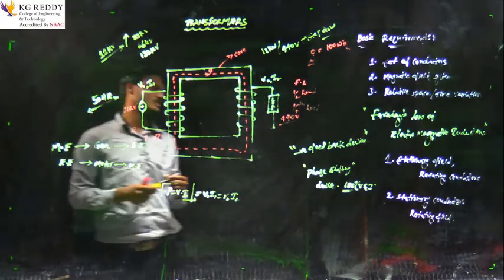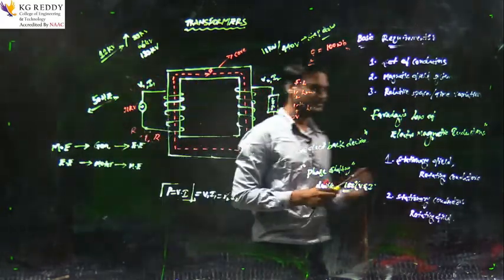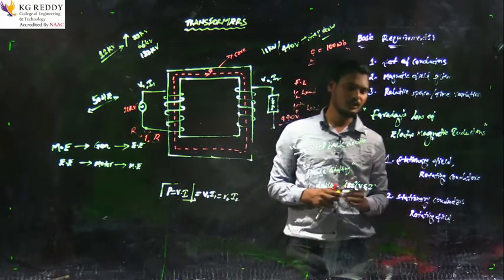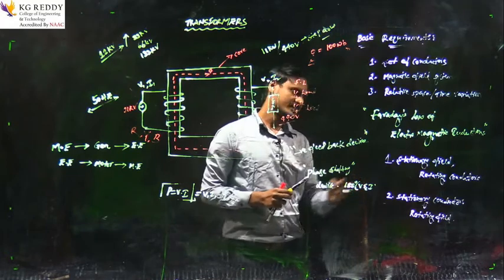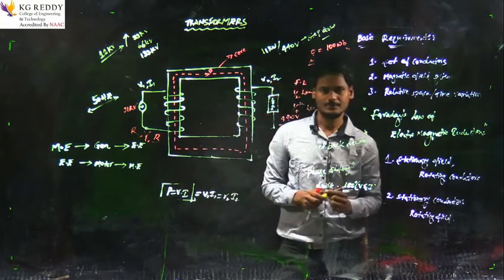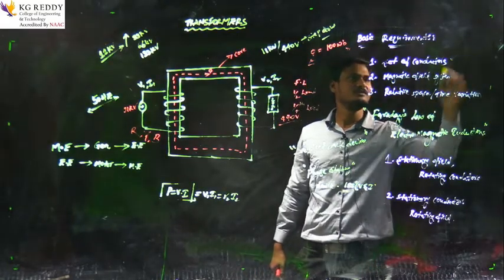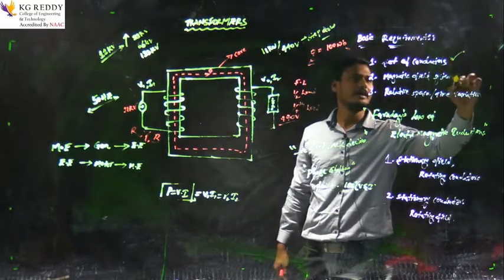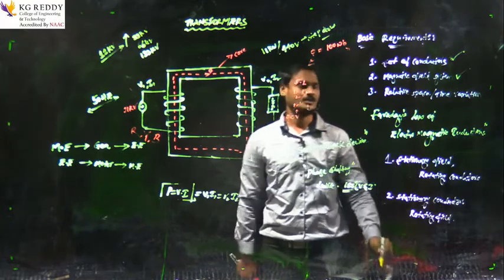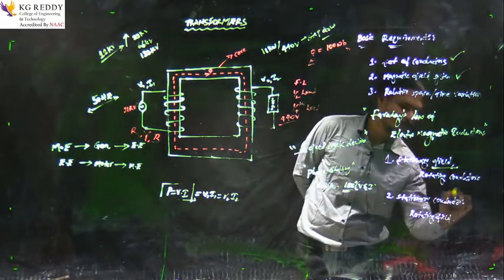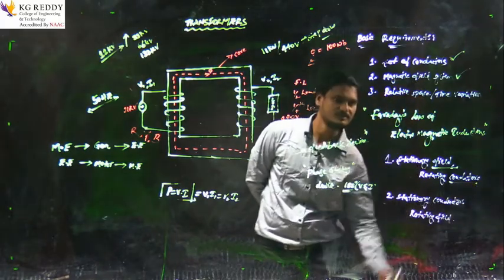Now, the stationary field and rotating conductors is one kind of configuration, and the stationary conductors and rotating magnetic field is the other. As I said, a set of conductors and a magnetic field system, and here also we have the same thing, right? Magnetic field and set of conductors.